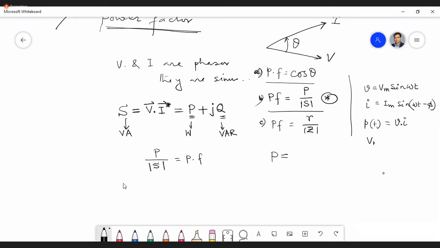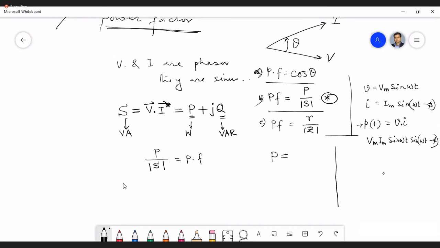And that will be Im sin omega t into sin(omega t minus phi). I'm not going by the phasor expressions, I'm just directly multiplying this. So this is called the instantaneous power. This p(t) is the instantaneous power.